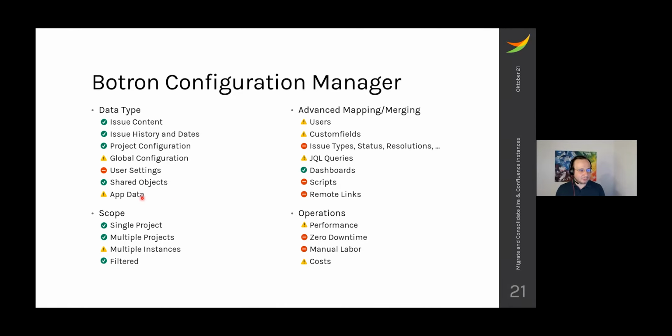We have app data support, which is, I think, better than from Adaptavist. We also have the possibility to merge or to migrate the whole instance. That's why I have an exclamation mark in scope. But otherwise, it's basically the same thing. Also here, zero downtime should be a check mark. I'm sorry.